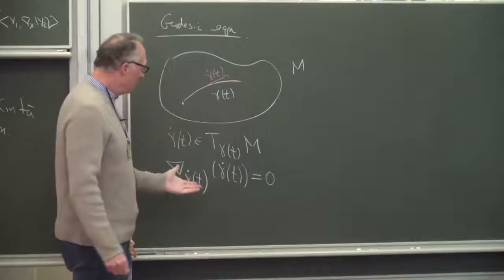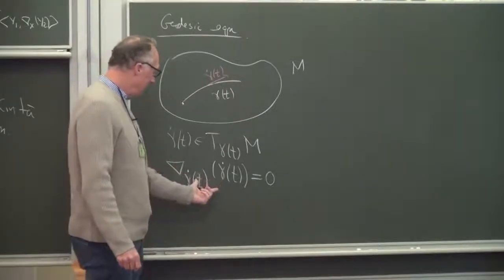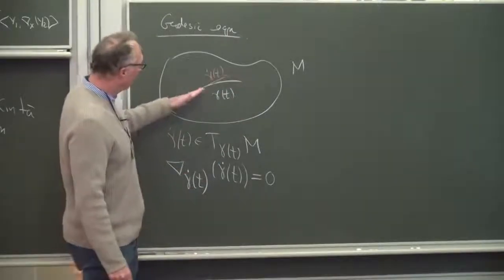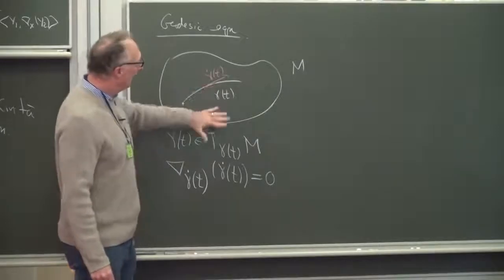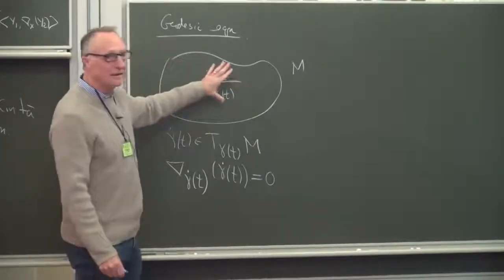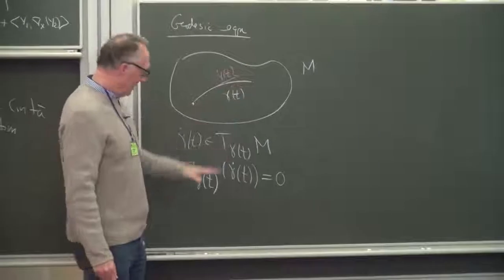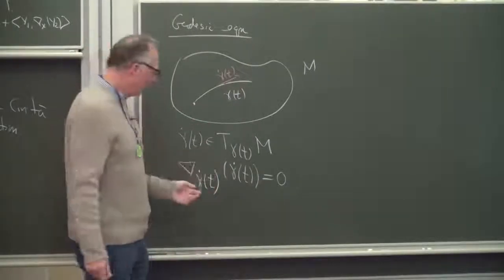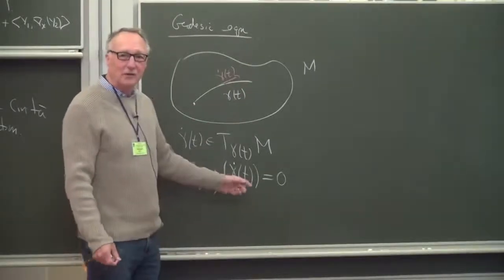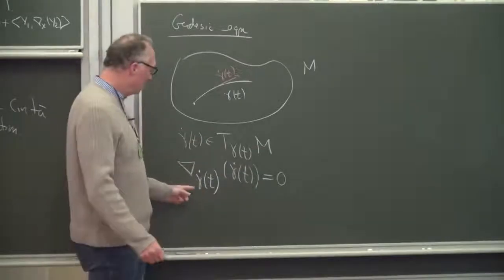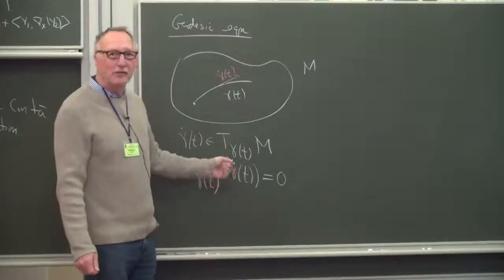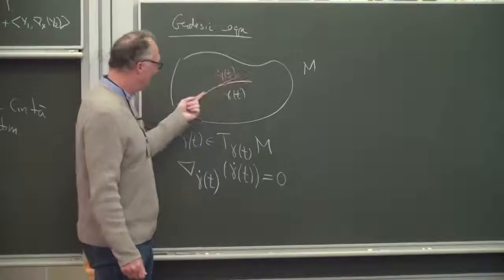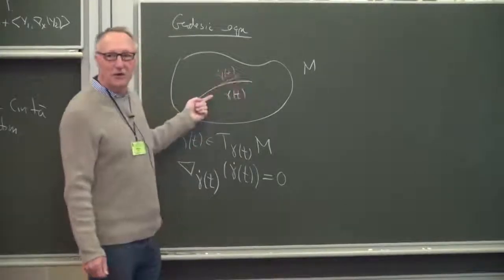So what you do is you extend this vector field along the curve arbitrarily to a smooth vector field in a neighborhood of the curve. Then with those extensions, you write down this equation and you restrict it to the curve, and it turns out when you restrict this equation to the curve, you get something that only depends on the value of the vector field along the curve.